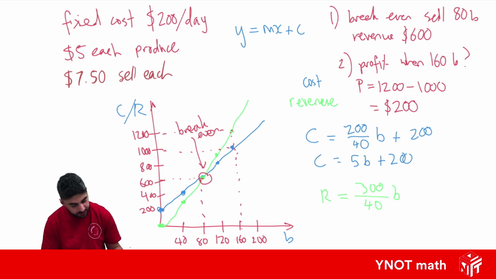Our y-intercept in this case is 0 because it's going through the origin. That makes sense because if you don't sell any burgers, you're not going to make any money. And we can tidy this up a little bit. 300 divided by 40 gives us R = 7.5B, and that's our equation for revenue.